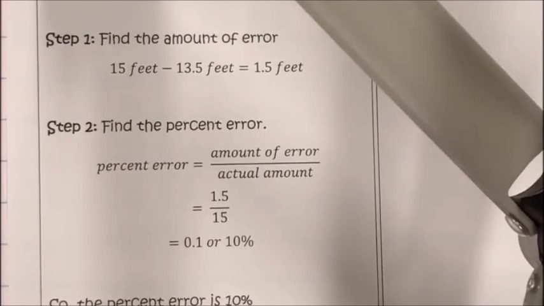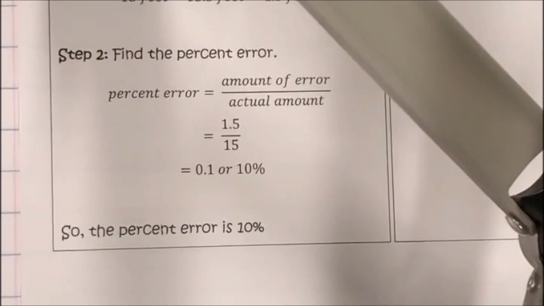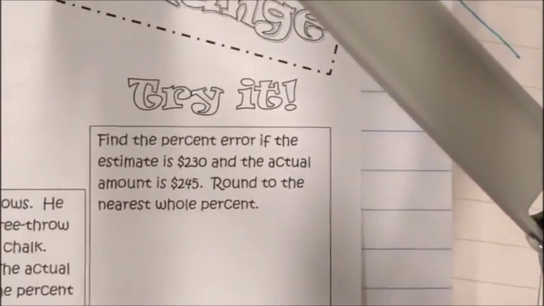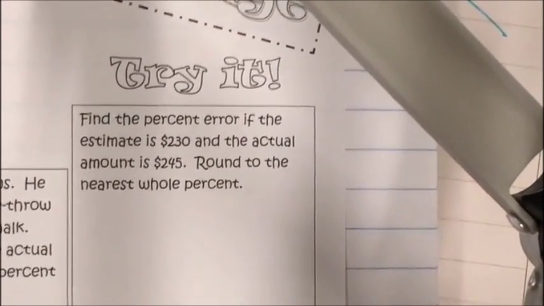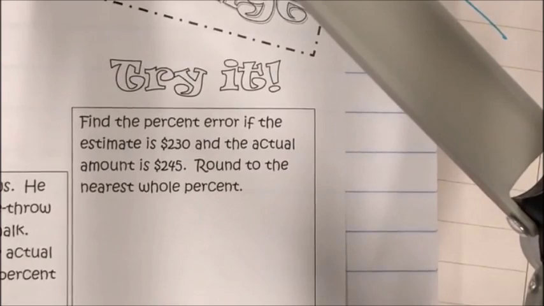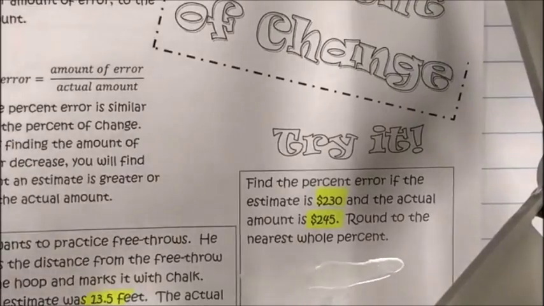So 1.5 over 15, I divide that, I get 0.1, multiply by 100, or 10%. So the percent error is 10%. All right, now let's look at the try it problem. Go ahead, pause the video, try the try it problem out, and see what you get when we come back.